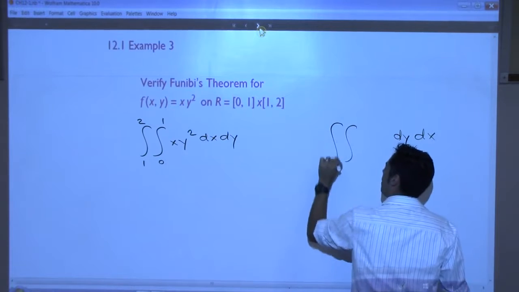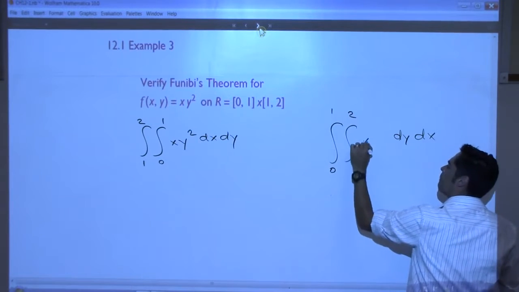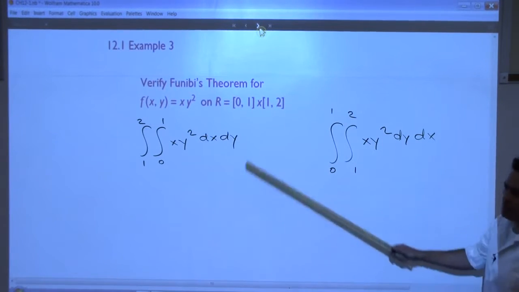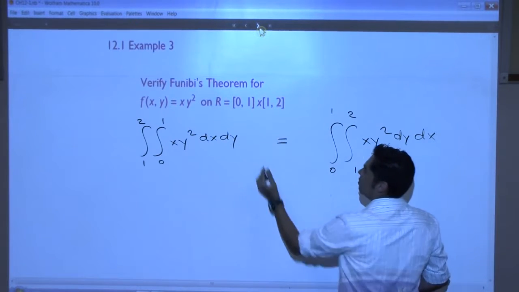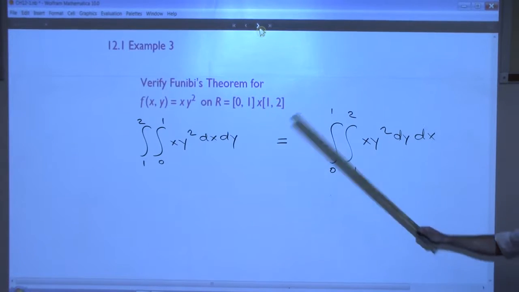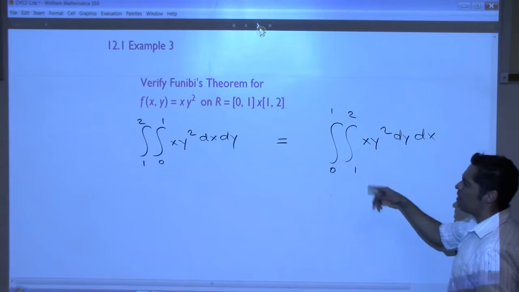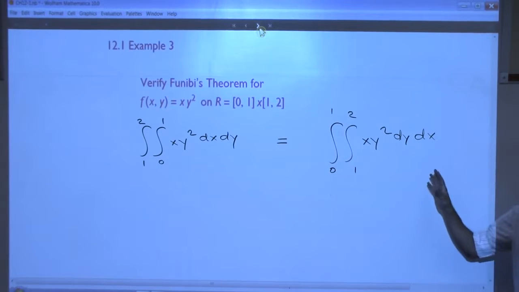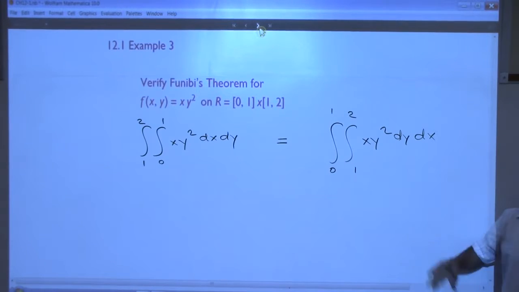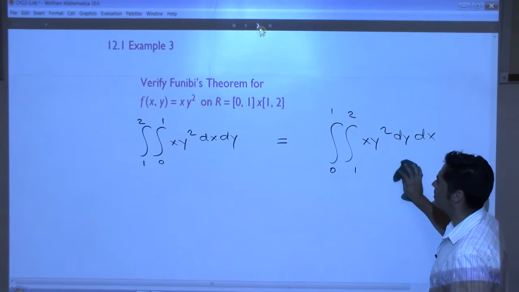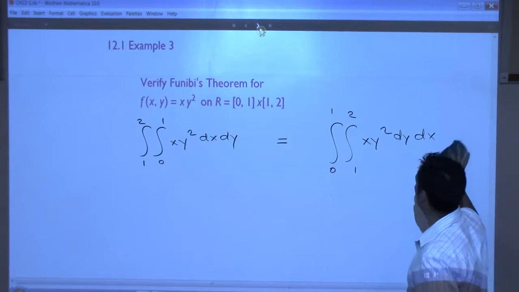This one the other way around. You do this on your own. Show that those are equal. You'll get the same answer both ways, and it's because this function is well behaved. xy squared is a nice continuous function. The order of integration shouldn't make that much of a difference in the antiderivative here, should it? No? Seems like both ways would be okay?